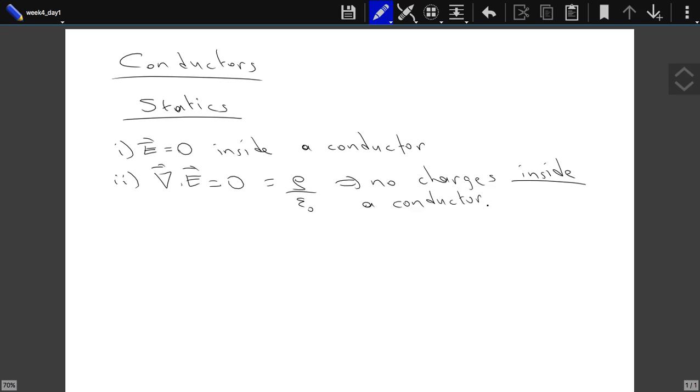The underlined word is a key word here. The charge is zero inside the conductor, but nevertheless it can be non-zero on the surface. So if there cannot be any charges inside, whatever charge you put in a conductor should go to the surface.